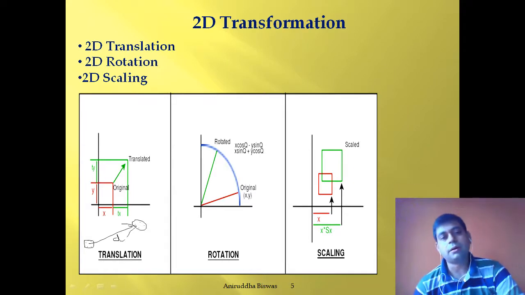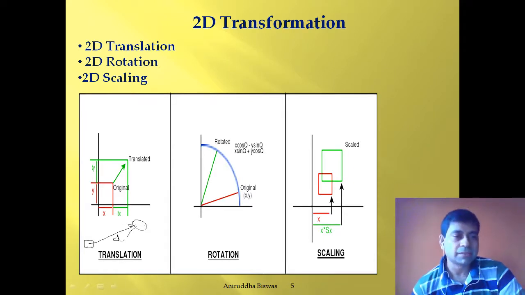Now it travels a distance following a straight line. So for the initial position of the point and the final position of any point on that particular object, if we consider this is P and this is P dashed, then P dashed will have some x-axis movement and some y-axis movement.